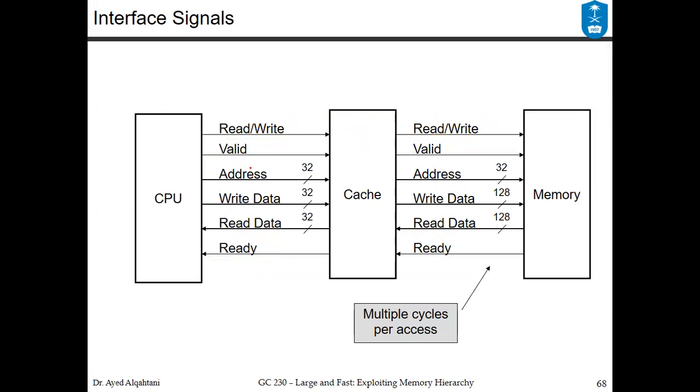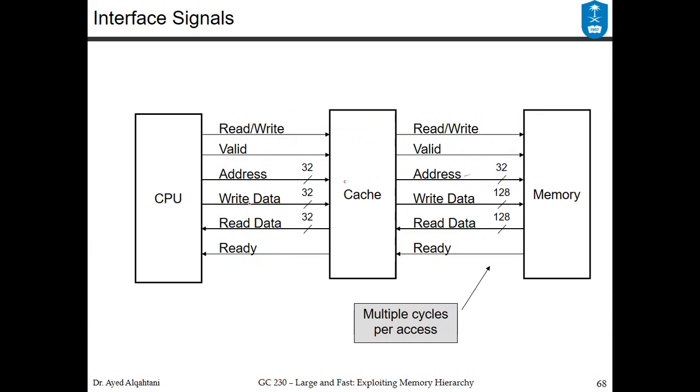Now looking at the data path, the address is 32 bits, so you need to move the address to the cache, and also from the cache to the memory, as 32 bits.